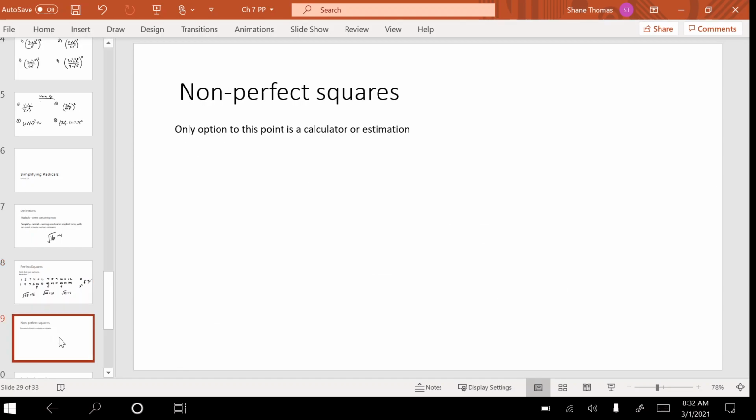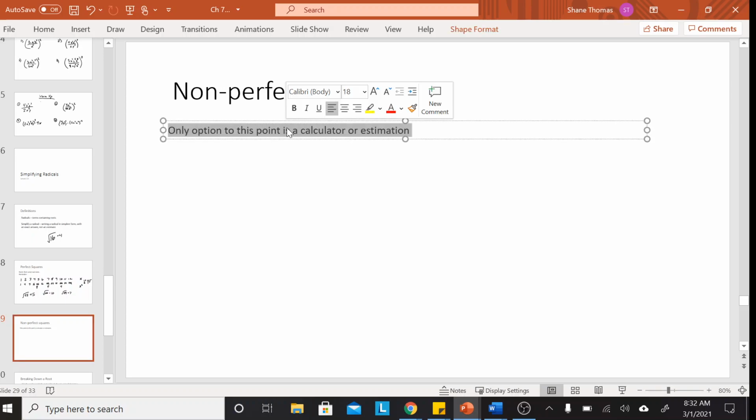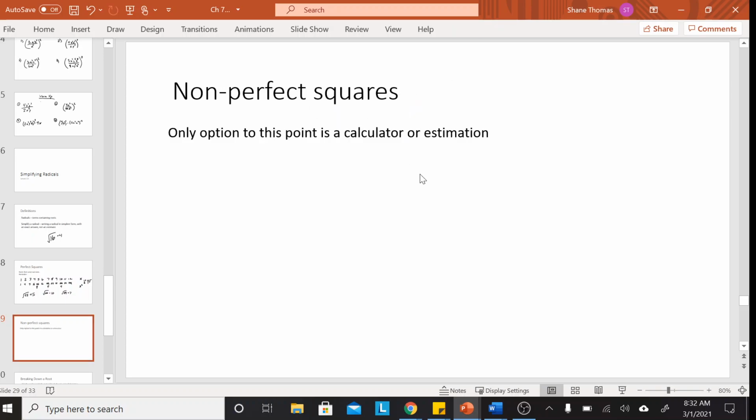So here we go. This is how we get non-perfect squares. For non-perfect squares, the only option we've had to this point is a calculator or estimation. Okay? Here's the problem. Somebody get a calculator out.